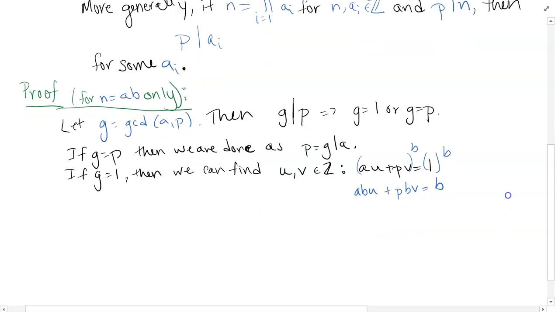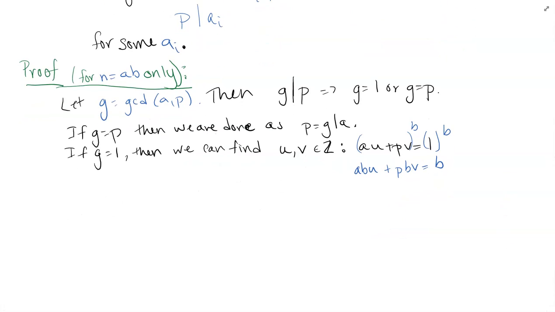Now, as a side comment, we know that p divides ab by assumption. So p divides this term, and certainly p divides this term, right?